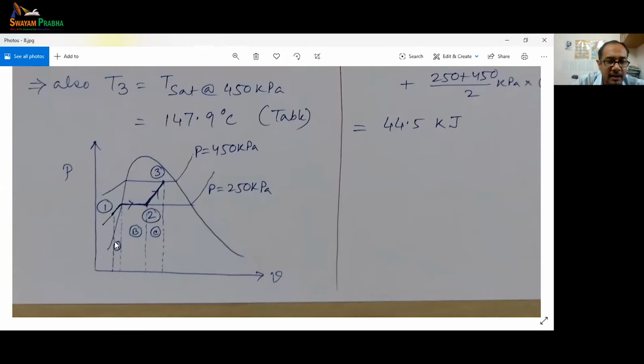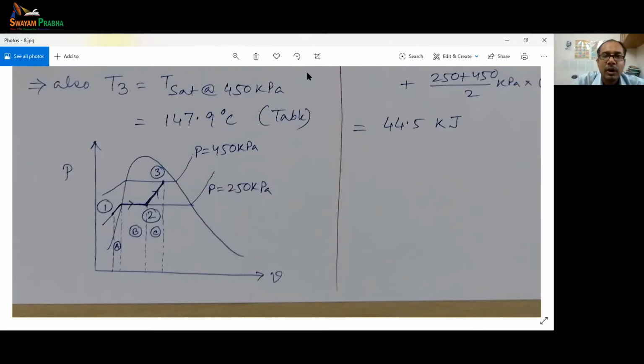A is just between state 1 and the saturated liquid point, the area under that portion of the curve. Then B is the flat portion from the saturated liquid point to 2, and the third portion from 2 to 3, the area under the curve, is C.